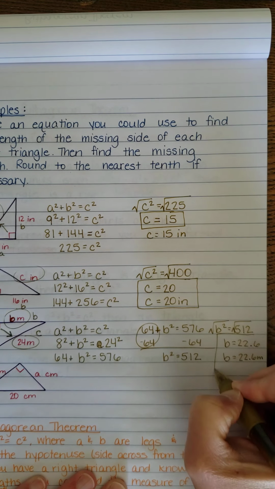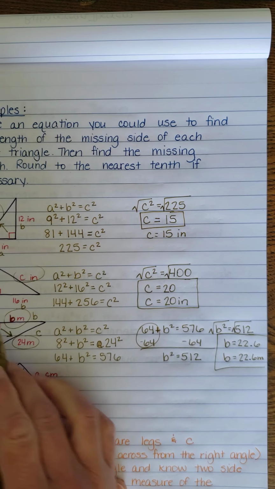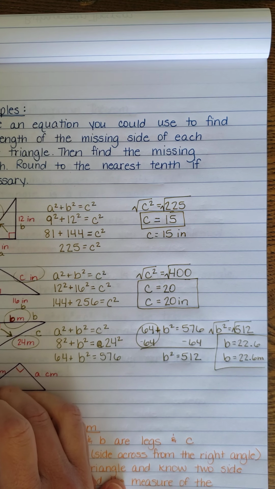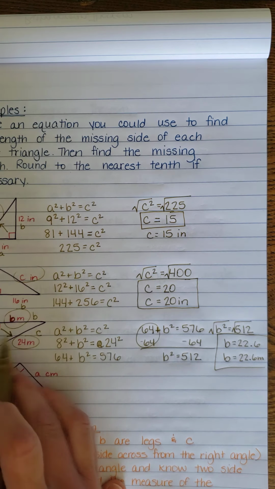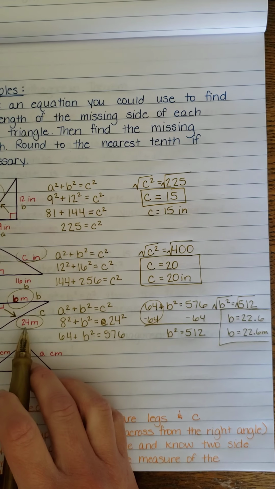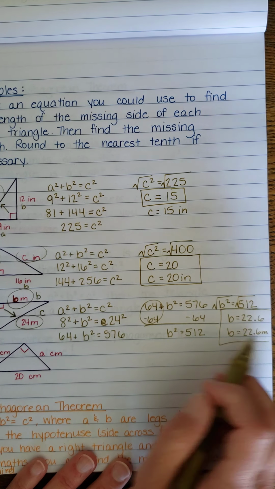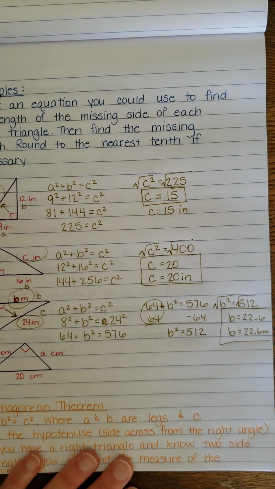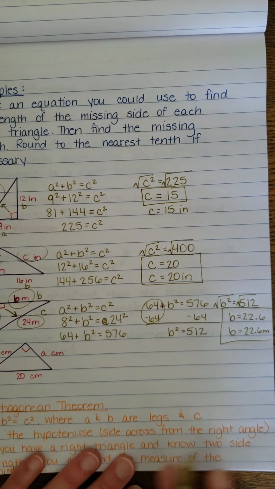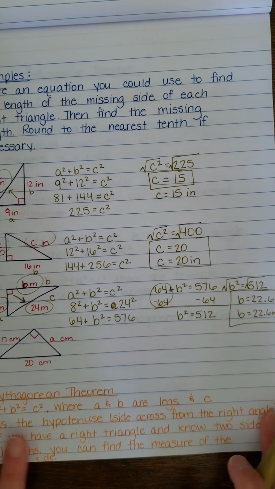And again, you can check your answer to see if it's right, but side A and side B, both of them should have a measure that is less than the hypotenuse. Okay, so since we got 22.6, that's less than 24. So we're good.